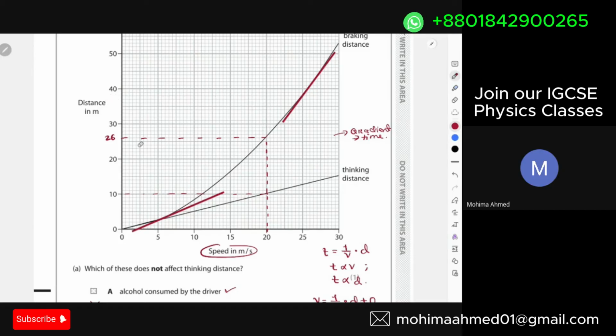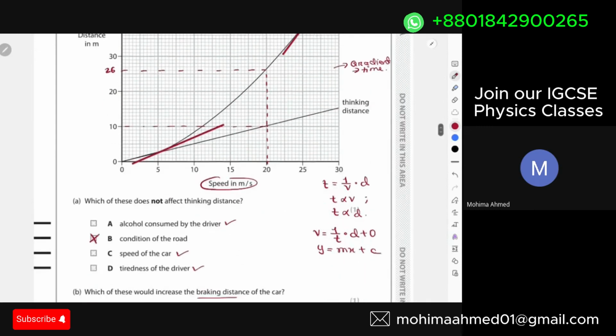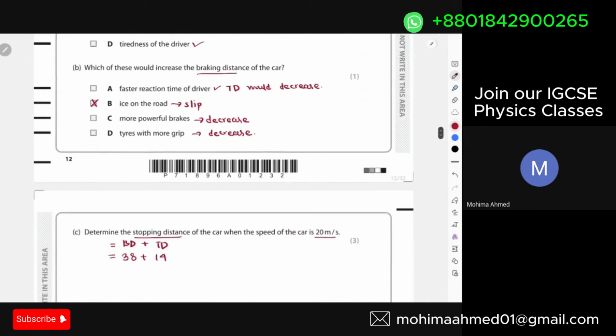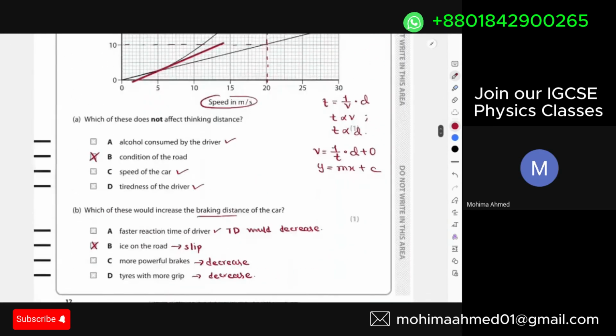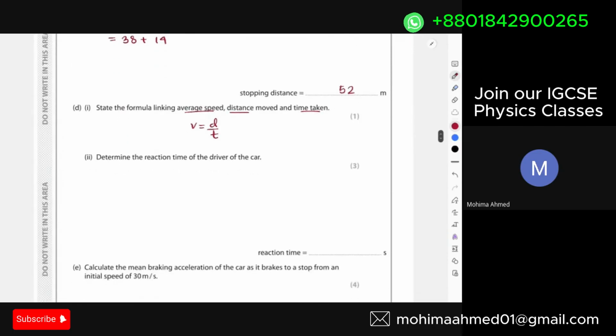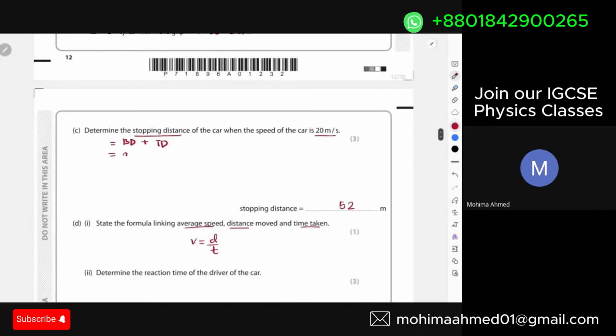The addition between them is going to give you 36. Sorry, I made a mistake. This is 26 plus 10, and that is going to be 36.